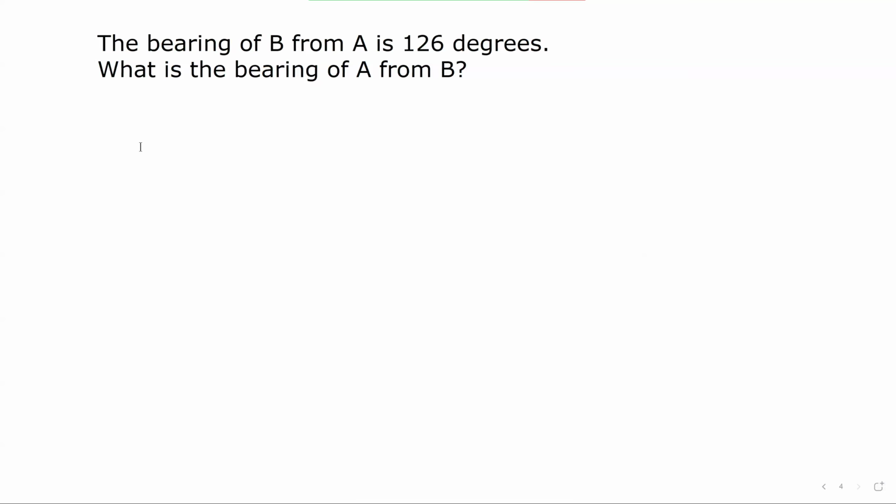All right, so let's draw a diagram. The bearing of B from A. So if it's from A, it means our starting point is at A, right? So let's do our diagram. Say here is A. And if it's like 126, that might be like over here.